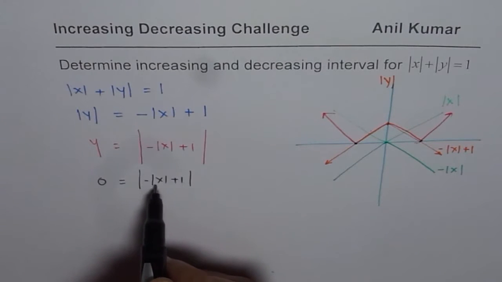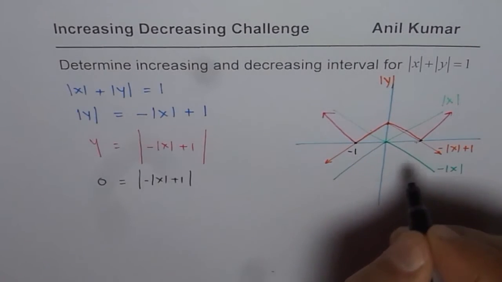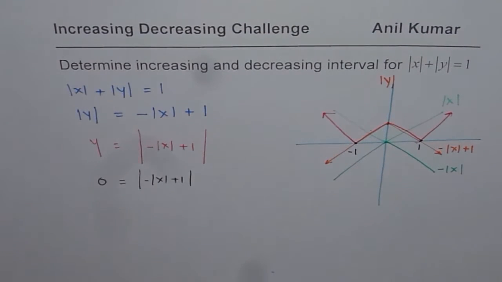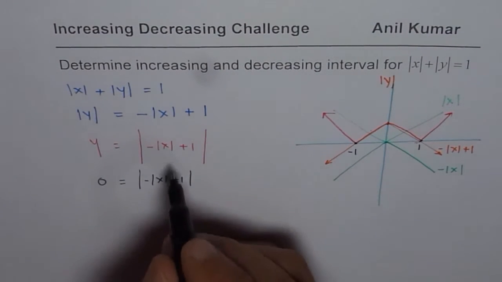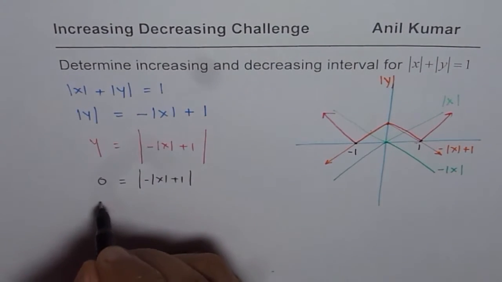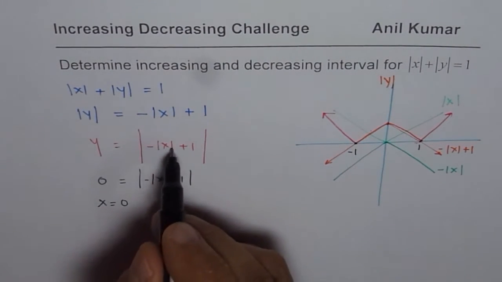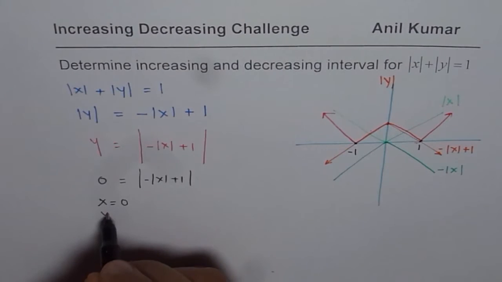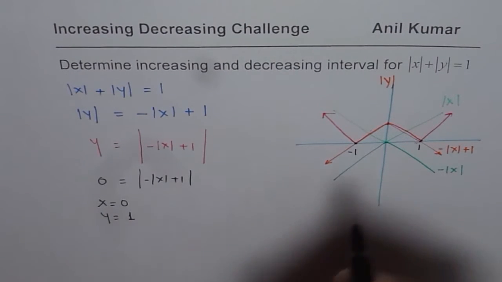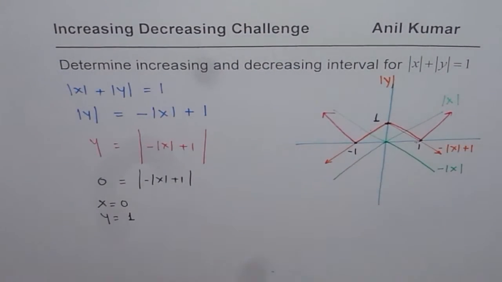I mean, absolute value will always be positive. So x is plus and minus 1. So these points are at -1 and +1, right? Now if I write x equals 0, then we know y is equal to 1. So this point is 1 for us. In any way, we do have a good graph to answer the question.